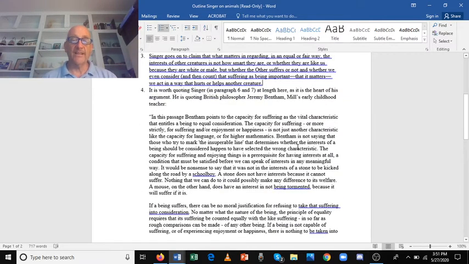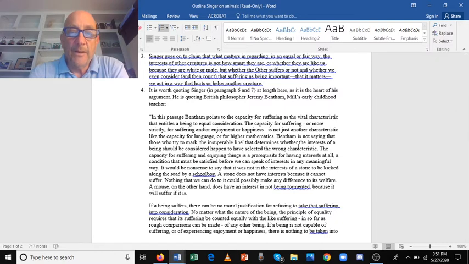What Singer is going to say here in section 4, and I'm going to quote it at length in the lecture, is he talks to Bentham and he says, how do we decide who counts? Well, how do we decide to treat others better, or at least in the right way? And he points to Bentham, to say the capacity for suffering is the vital characteristic entitling a being to equal consideration, not equal treatment.